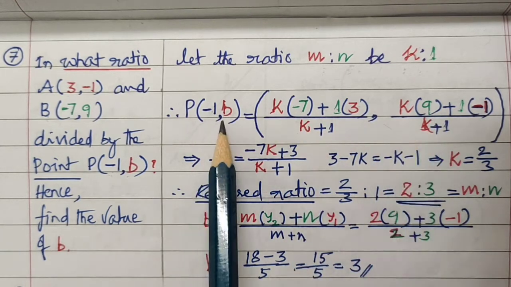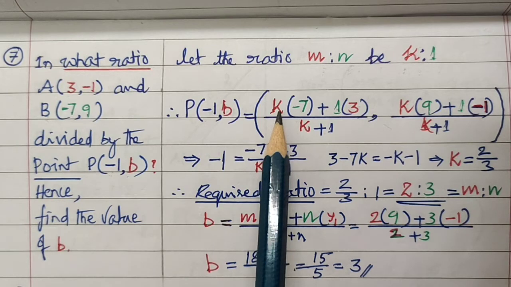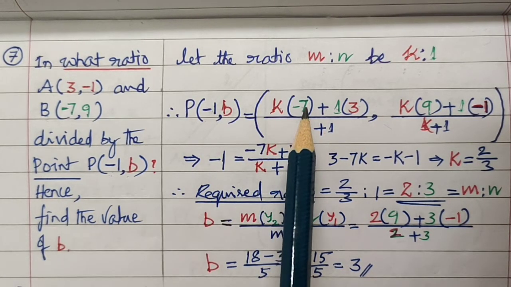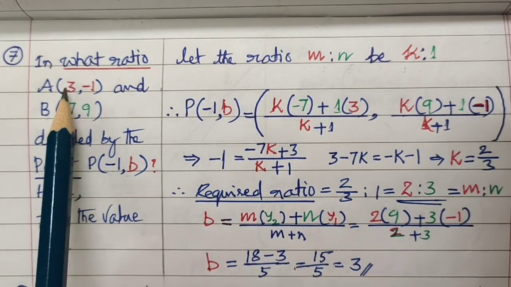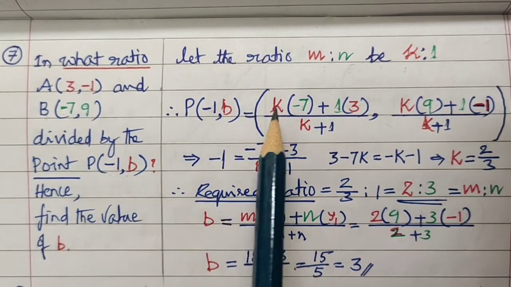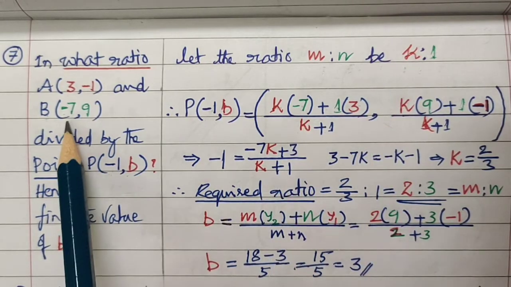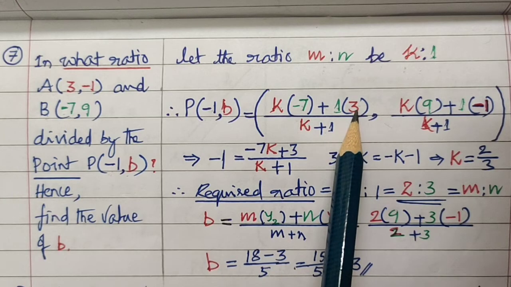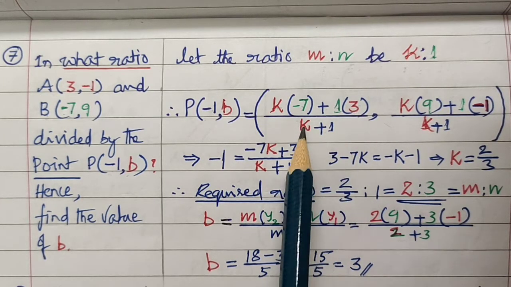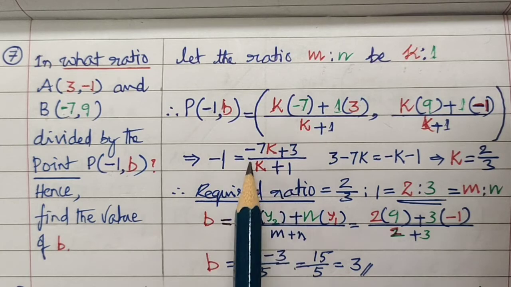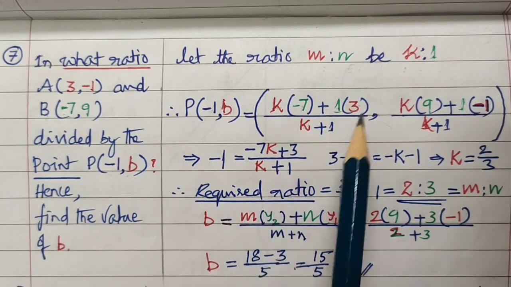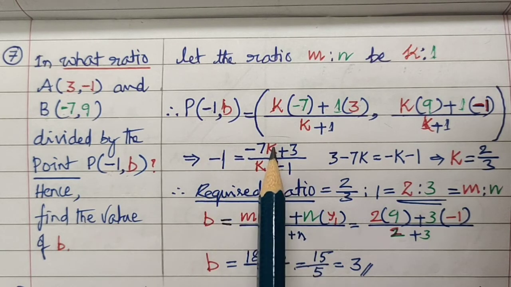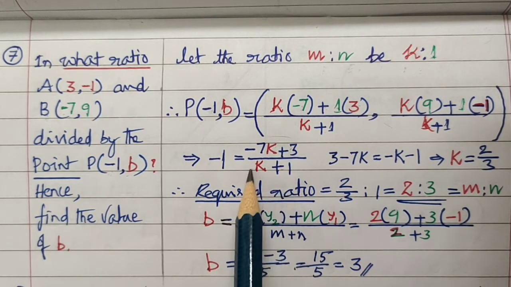Here x1, y1 are the first point and x2, y2 the second. So -1 = (k into -7 + 1 into 3) / (k + 1). Here only one variable is there, k, so we can easily find k.